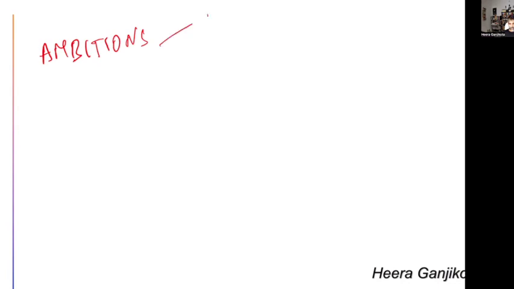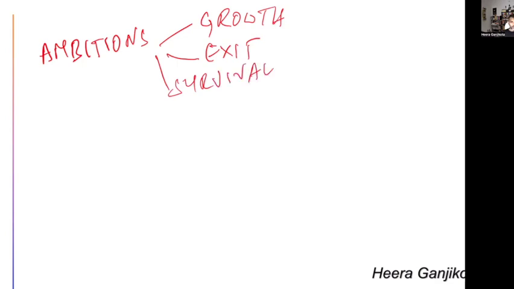One was growth ambitions, the second was exit ambitions around valuation, and the third was survival ambitions. Once you know what mode your organization is in, the ambitions become clear, and so does how they influence the visioning of the idea and how your idea sits in the context of the business.